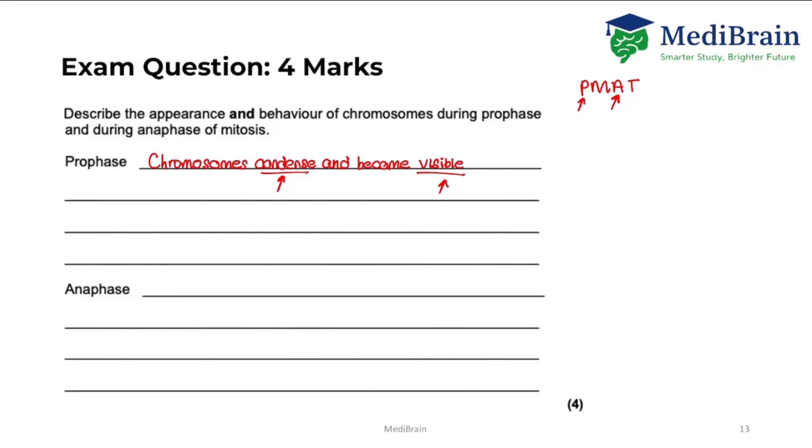Remember, anaphase is the retracting stage. Okay, so in anaphase, you've got your centromere, which is attached to your spindle fiber, and your centrioles have started to retract. So your centromere is going to divide, and your chromatids are going to be pulled towards opposite ends of the cell.